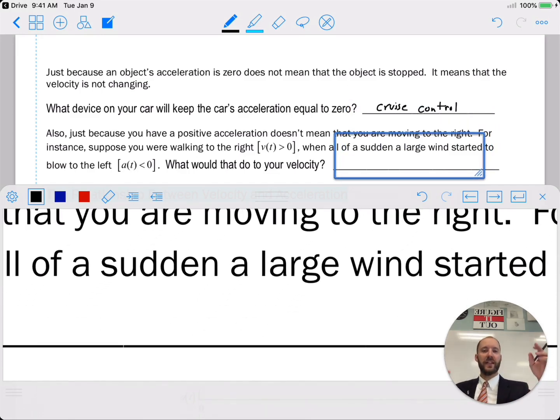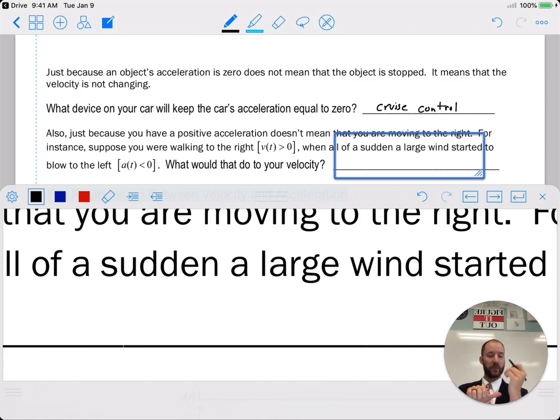It keeps your acceleration close or equal to 0. So this play between velocity and acceleration, they can be the same, they can be opposite. Assume that you're walking to the right, so your velocity is positive. All of a sudden, there's a large wind that blows you to the left. Your acceleration is negative, because you're being pushed to the left.